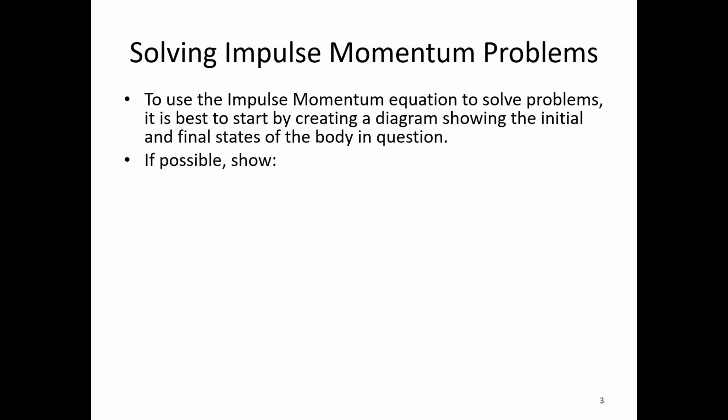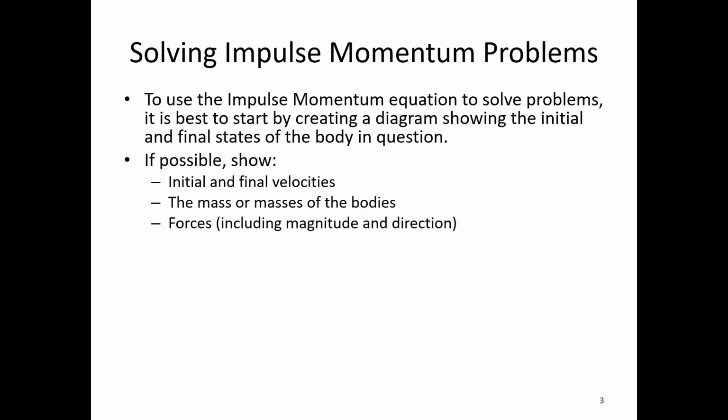So if possible, you want to show initial and final velocities that can include both magnitudes and directions, the mass or masses of the bodies in the system, forces, including magnitude and direction if those are known, and the times the forces are exerted. So momentum is mass times velocity, impulse is force times time.